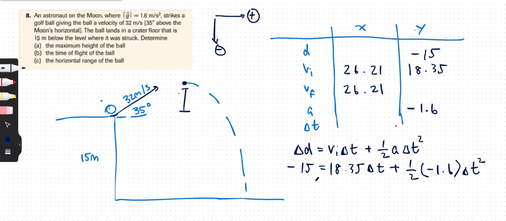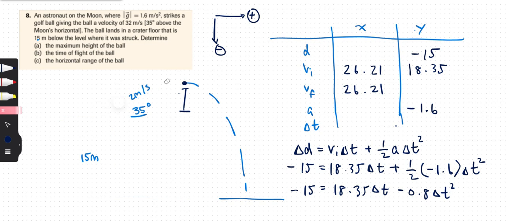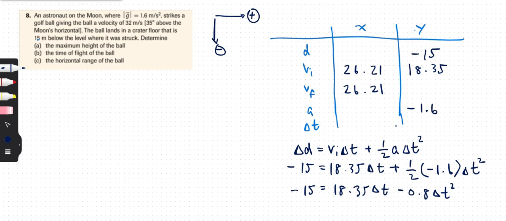So the way to solve for this is to use a quadratic formula. Let's simplify this a little bit more. Negative 1.6 divided by 2, that's negative 0.8. So to use a quadratic formula, you just want to move all the numbers to one side, and then you want the other side to just be 0.